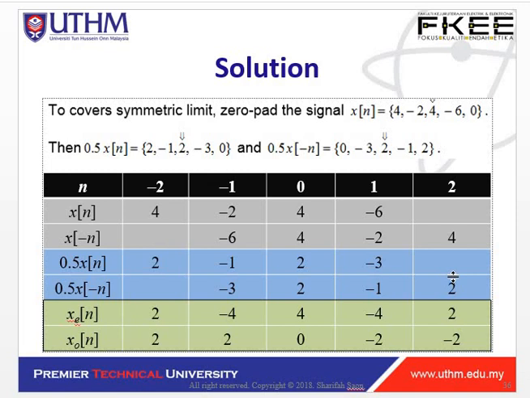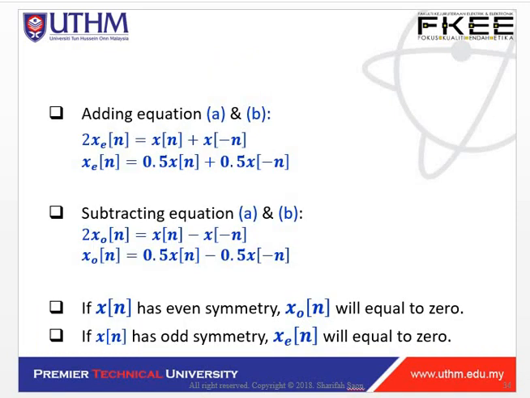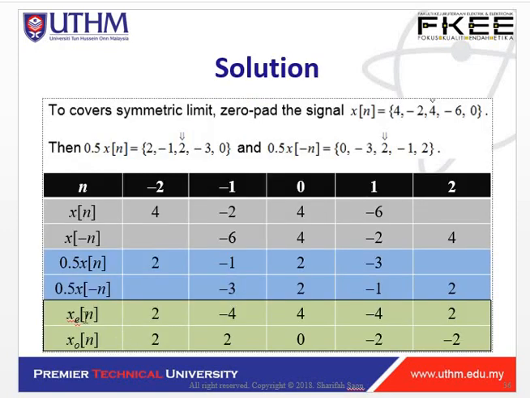You still remember x even is 0.5 x[n] plus 0.5 x[negative n]. For the odd, it is minus. To get x even, you sum the blue color. You sum this up, you get negative 4.